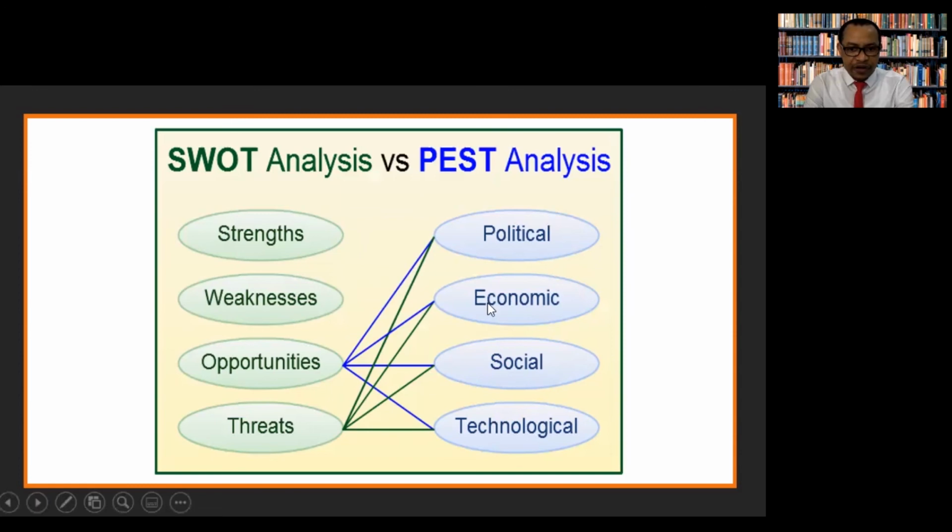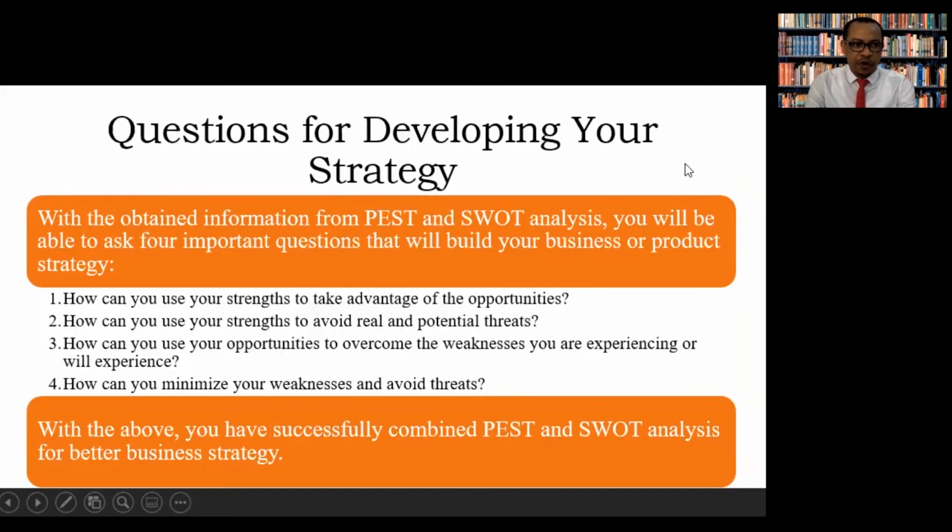The economic environment, are they going to be opportunity or threat? The elements of social factors, are they going to be opportunities or threats? At the same time, the technological factors, are they going to be threat or opportunity? Based on the information you have at hand, then you will be able to answer 4 important questions.